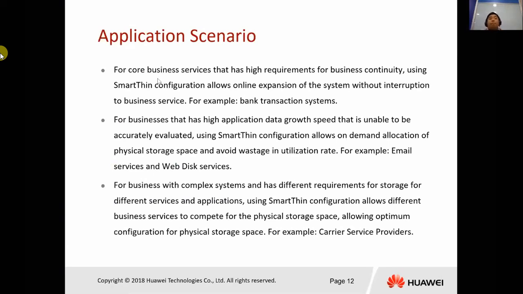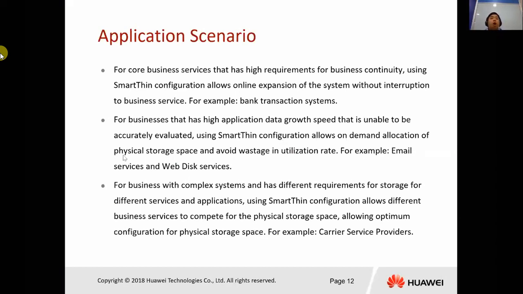Okay. The second type of application scenario is for business that has high application data growth, where you cannot accurately determine how much space you need. Then you can use SmartThin to allow the system to allocate the storage space to you on demand.